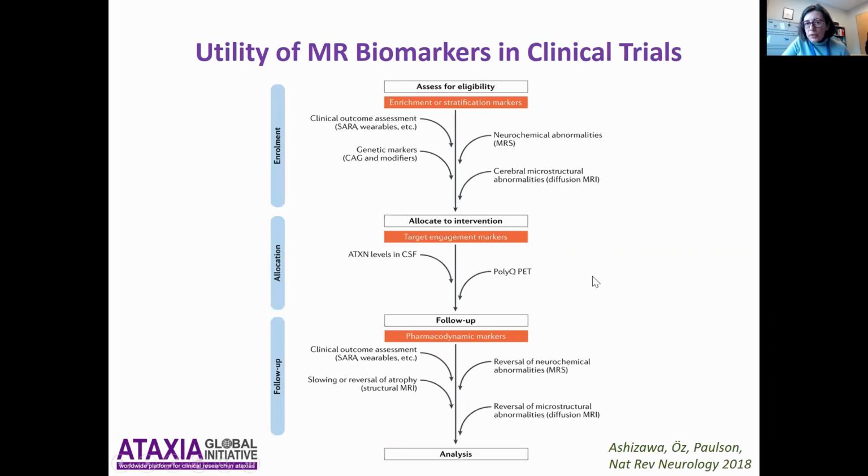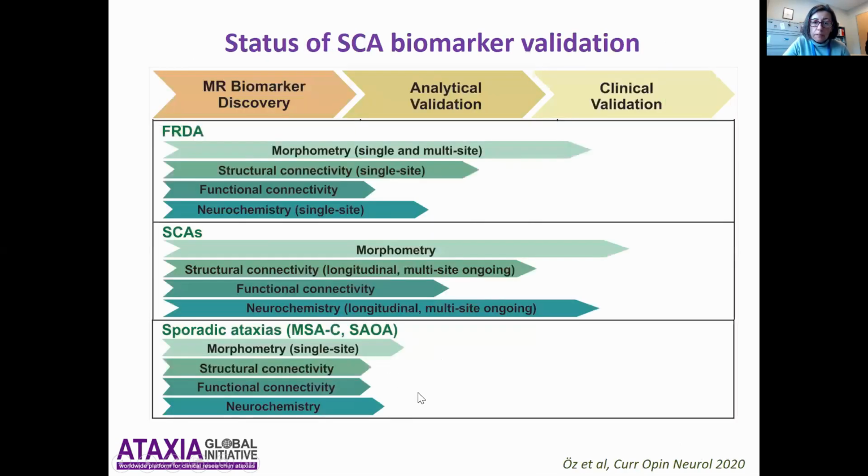Just a display of the potential utility of these MR biomarkers in these clinical trials from the same review. You can, for example, use them for subject stratification at enrollment. Those people who are already showing differences at the time of enrollment could be the ones enrolled in the trial. Or, of course, you can utilize them to monitor the effects of potential therapies.